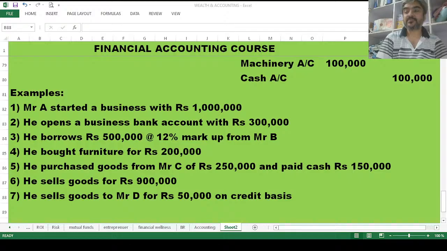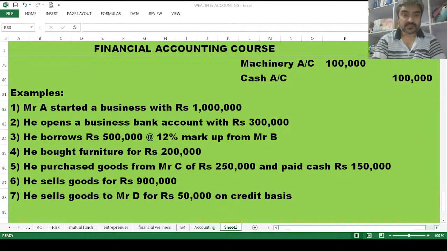Debtor is a person from which we have to receive money in some future date. And the second change is decrease in goods or increase in sales by rupees 50,000. And sale is an income item, and whenever an income item is increased, we credit it.